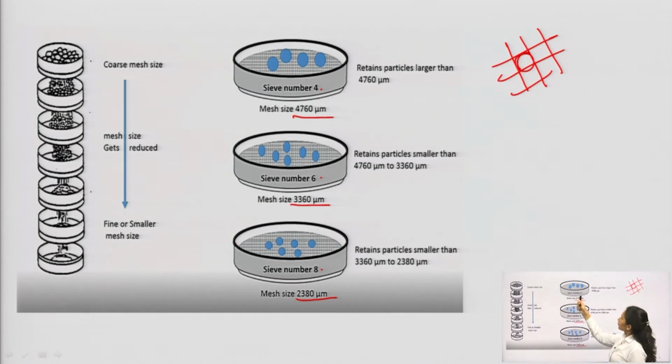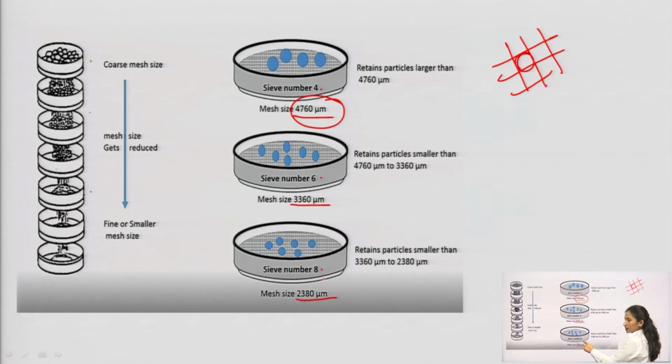If the sieve number is 4, the mesh aperture is 4760. If the sieve number is 6, the mesh aperture is 3360. If the sieve number is 8, the mesh aperture size is 2380. What relationship do you see between the sieve number and the mesh aperture size? Sieve number and mesh aperture size have an inverse relation. Here the smallest sieve number, 4, has the largest mesh aperture size.